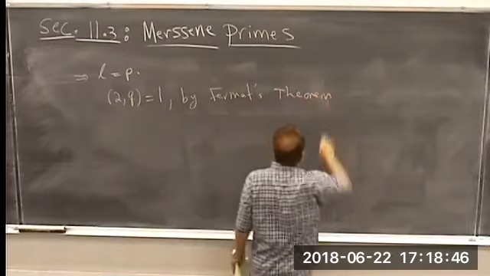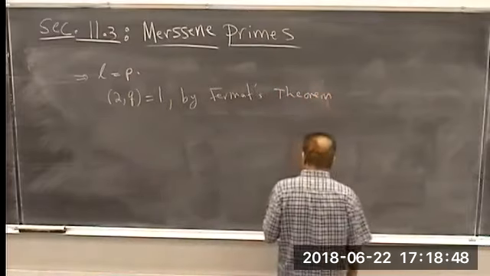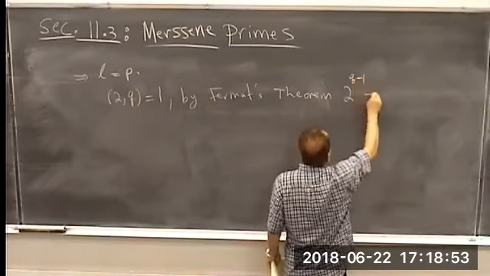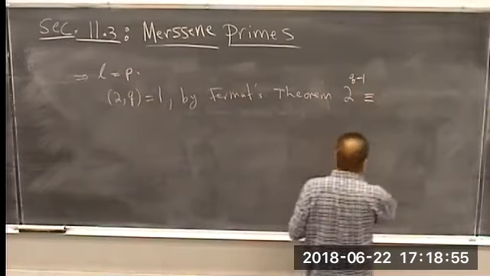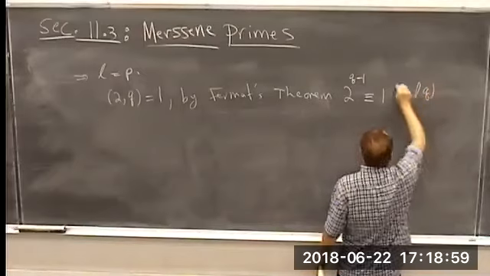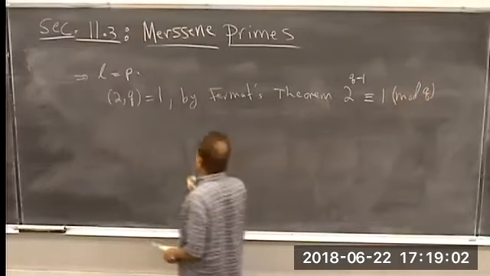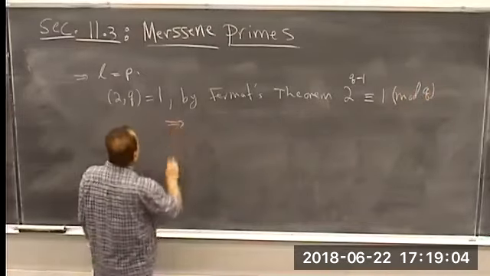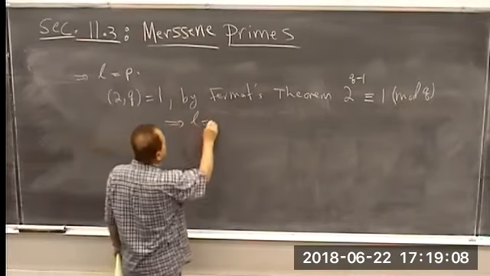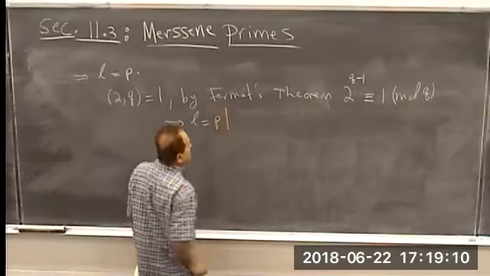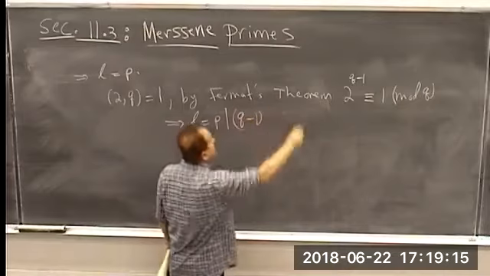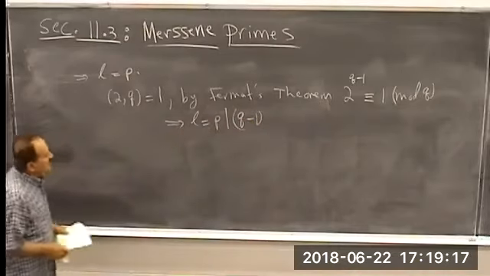We have another congruence, which is 2 to the power Q minus 1 is congruent to 1 mod Q. And this again in itself implies that L, which is equal to P, also divides Q minus 1, because of the exponent that makes 2 go to 1.